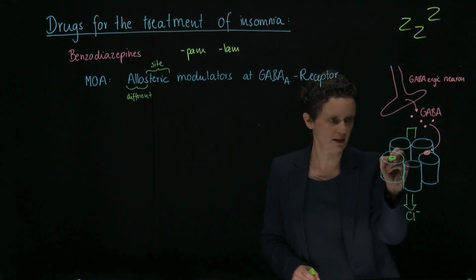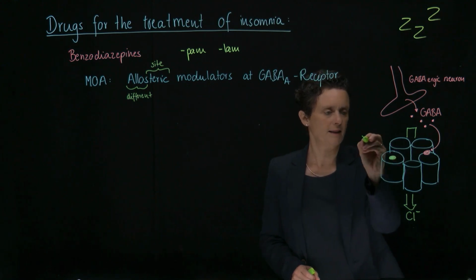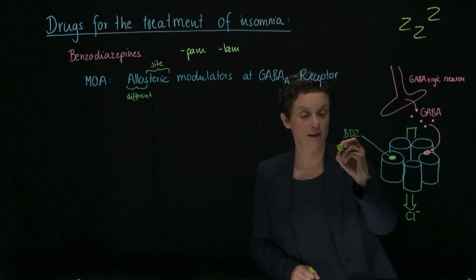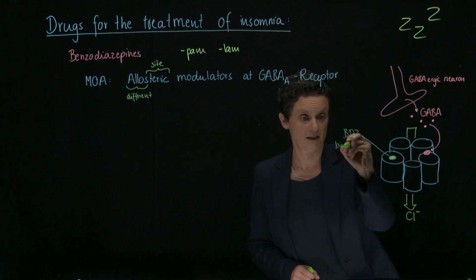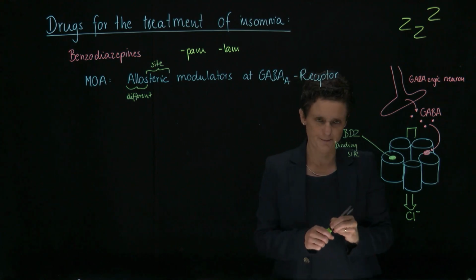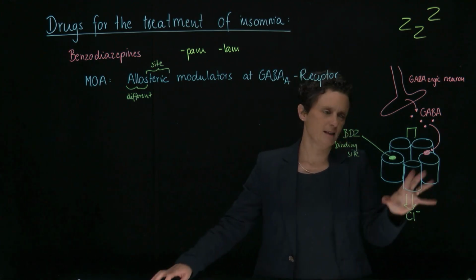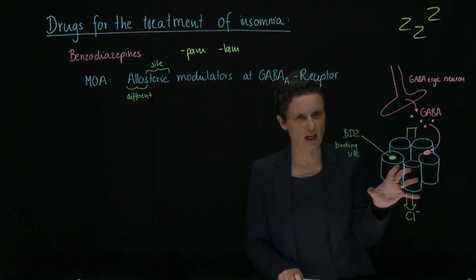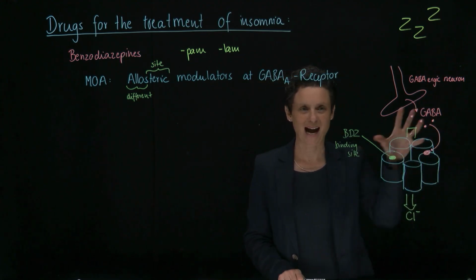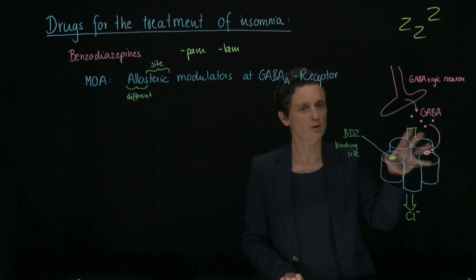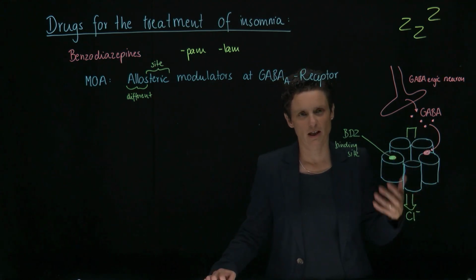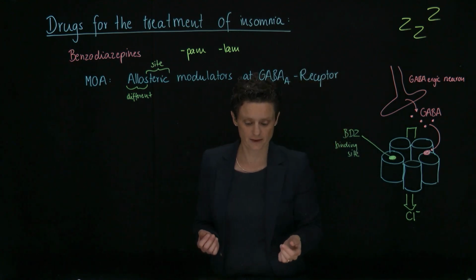So let's just suppose that's here, and that's the BDC, standing for benzodiazepine binding site. So they bind there, and then some conformational change happens, some magic happens, and then GABA can bind with higher affinity to the GABA receptor. And therefore this potentiates the GABAergic neuronal activity.